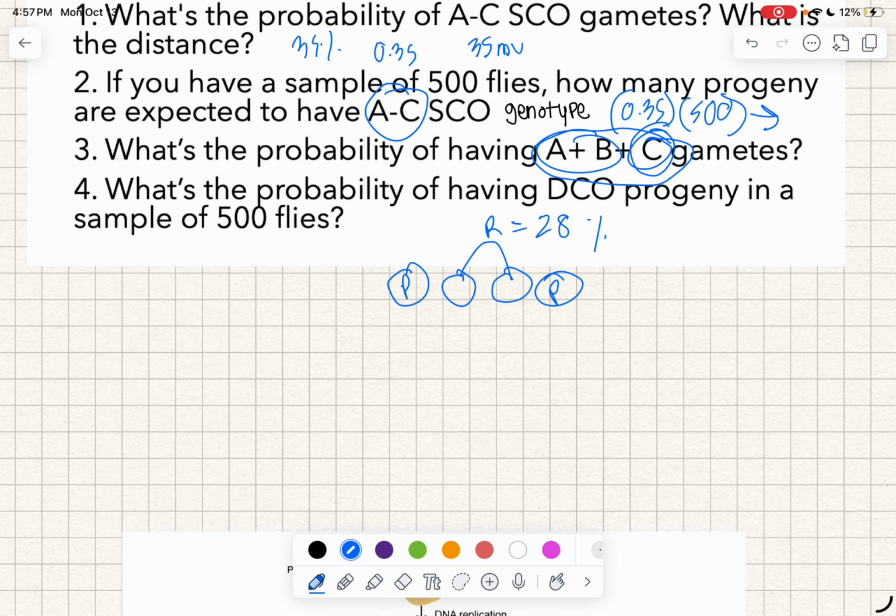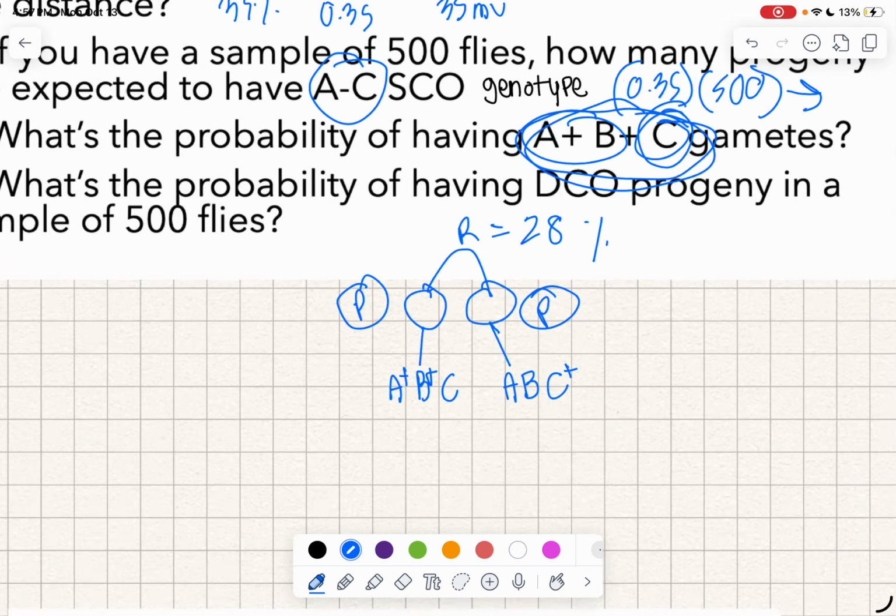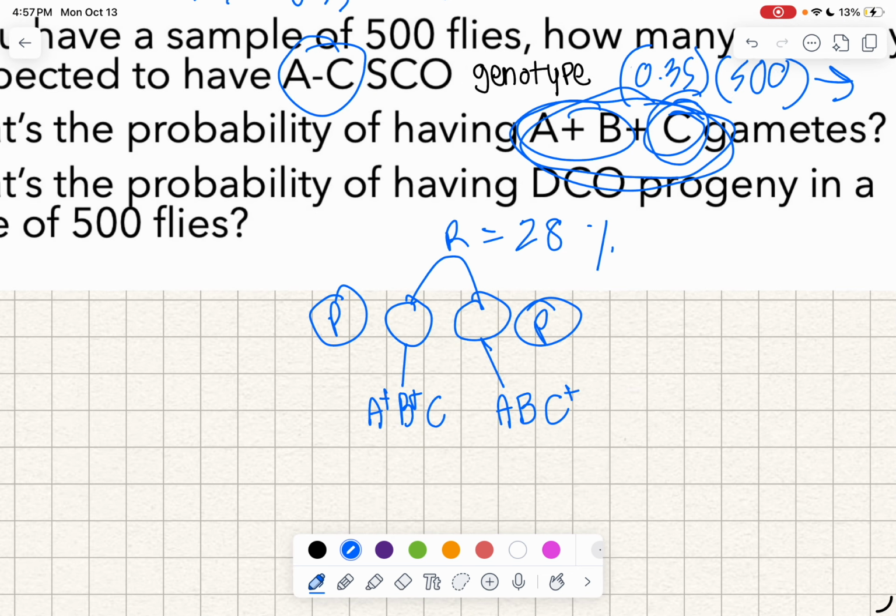However, it's asking for this genotype specifically. So we have A plus B plus C, and then we also get A, B, C plus. When I say plus, I mean wild type. Please don't confuse that with something else.